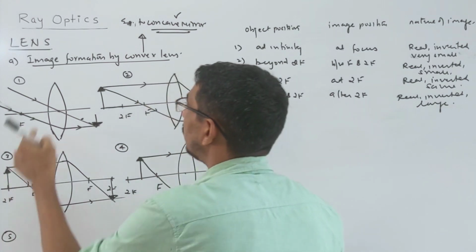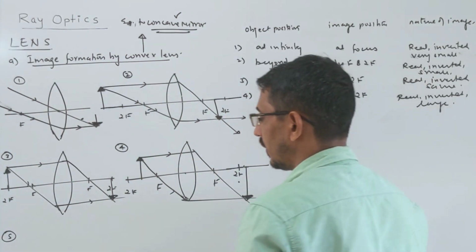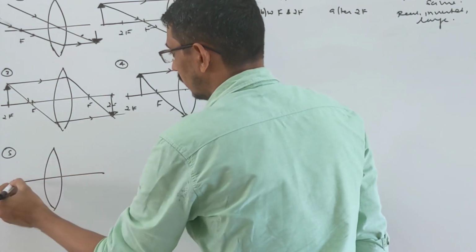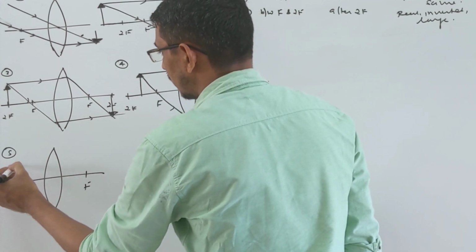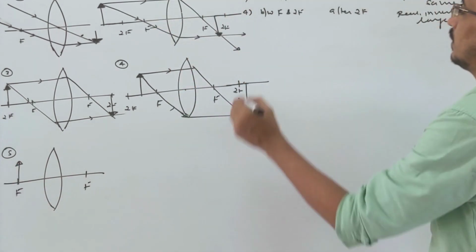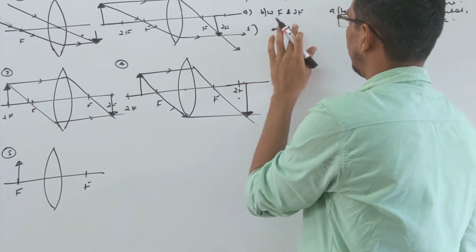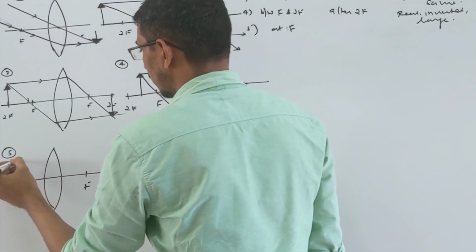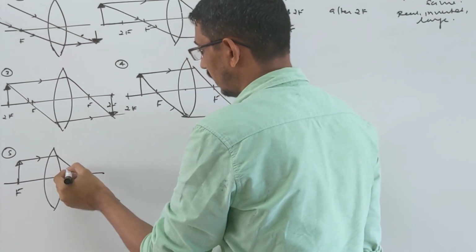Fifth case, the opposite of the first case: the object is placed at focus, the image formed at infinity. So this is f, the object placed on the focus itself here, right? So in the fifth case, the object is placed at f only, focus. When you put the object at the focus, a ray coming parallel passes through the next focus, right?